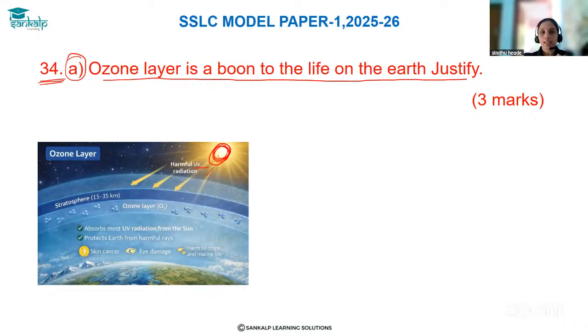Once they directly reach our earth, they cause diseases like skin cancer, or damage our eyes, or also harm the crops. So to prevent this direct falling of ultraviolet radiations, the ozone layer helps to prevent this radiation.